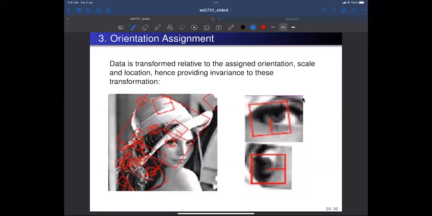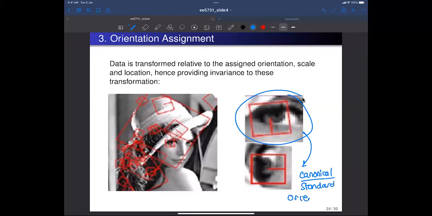The idea is that we want to transform from the image into canonical orientation. Canonical means standard.